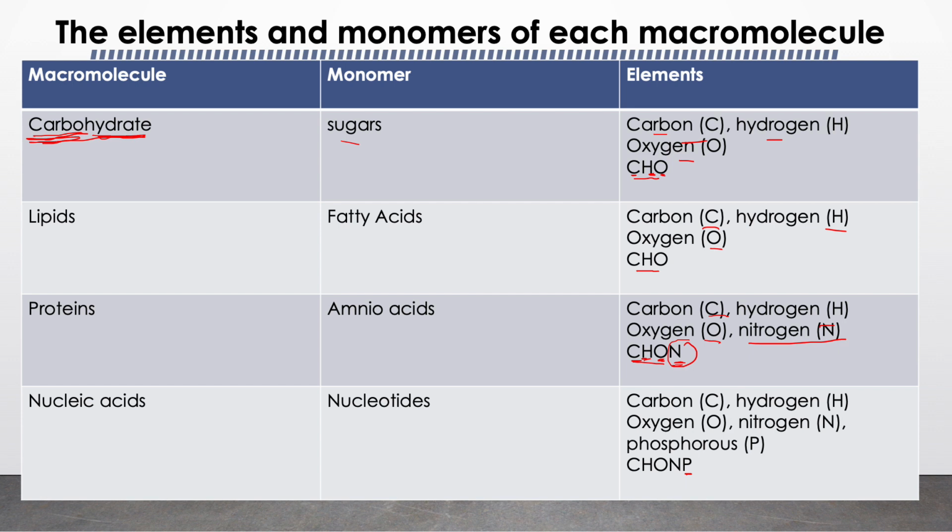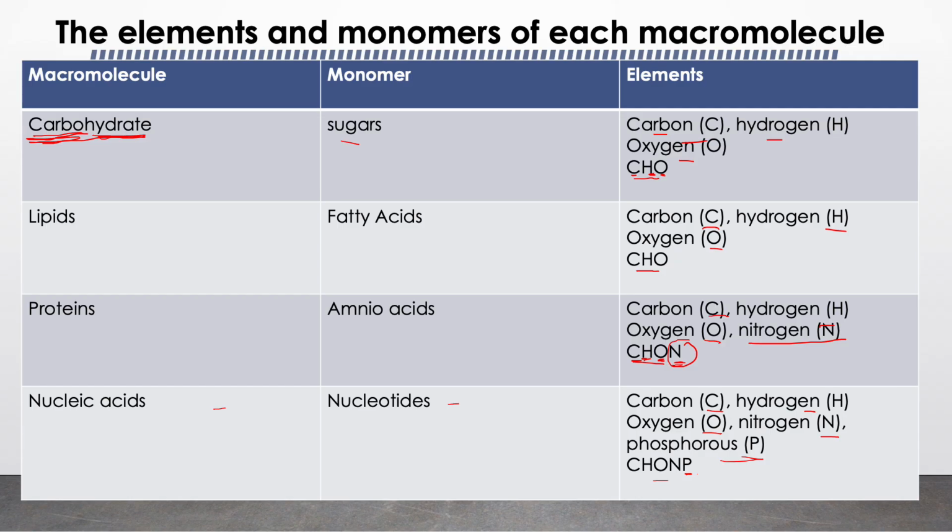And then our last one is our nucleic acids. The monomers are the nucleotides. Again, we have carbon, hydrogen, oxygen, nitrogen, and now phosphorus. So CHON, and then a P, just different ways to help you keep these straight.